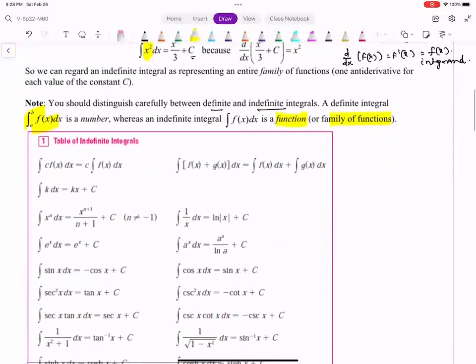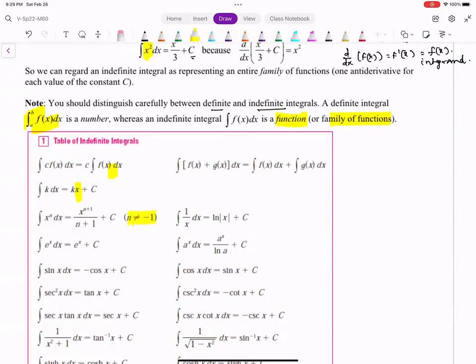So we can use some of the antiderivative formulas that we have already seen. Integral c f of x dx is c times integral f of x dx. Integral k dx equals kx plus c, since k can be taken out and the antiderivative of 1 is just x. Integral x to the n dx is x to the n plus 1 over n plus 1, plus c, where n is not equal to -1.